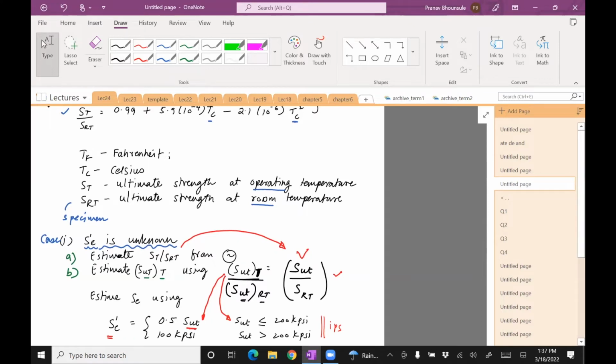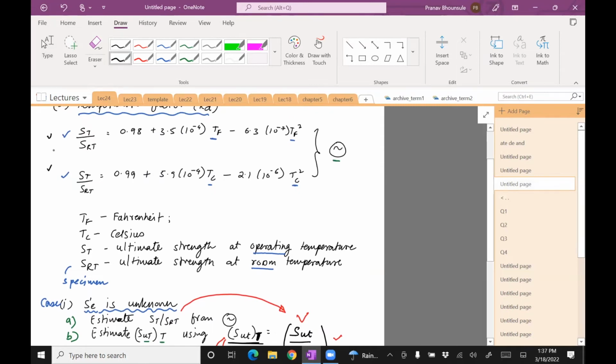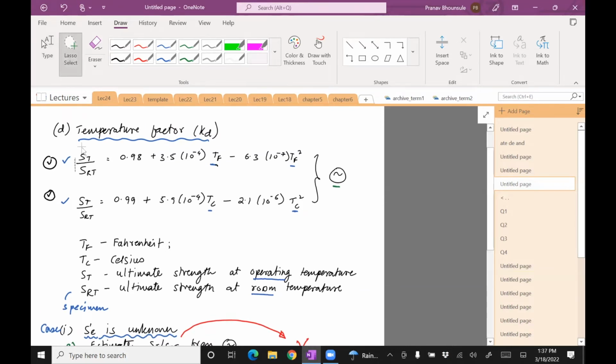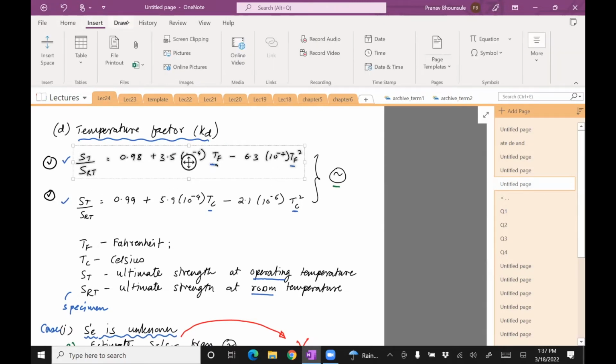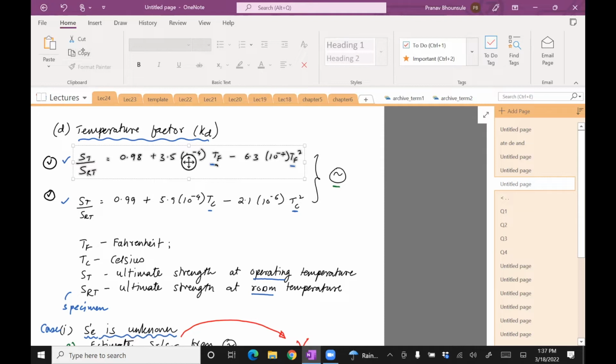So we just have to go through that step by step and solve the problem. First we need to compute these two things, not just one. This is in Fahrenheit, this is in Celsius, so we need to use the Fahrenheit formula. Let's just take this formula, copy, and use it to first compute this ratio and then proceed to solve part A or part B.